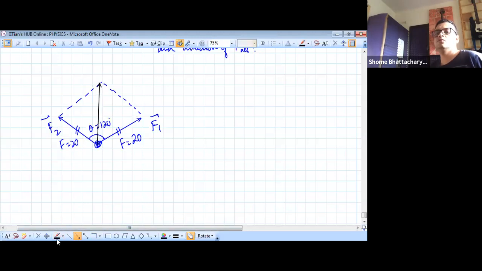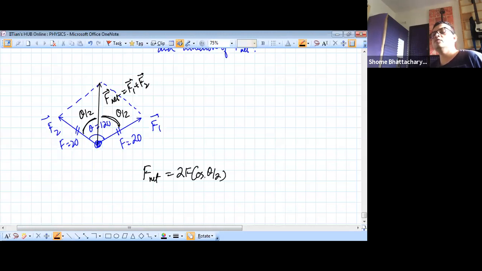And it will have to bisect this, so this angle will become equal to this angle. And F net will have to have a magnitude of 2F cos of that half angle.